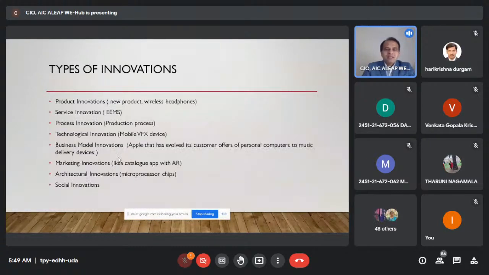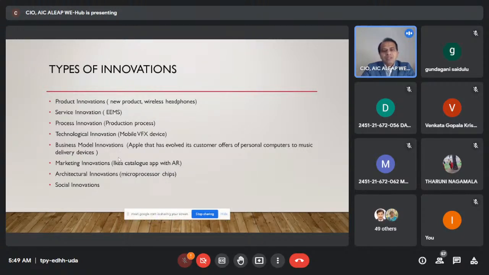So let us just see the types of innovations. You have seen exactly the process of innovations, and you have seen the phases of innovations, and now let us look into the types of innovations. When we talk about the types of innovations, we have product innovations.